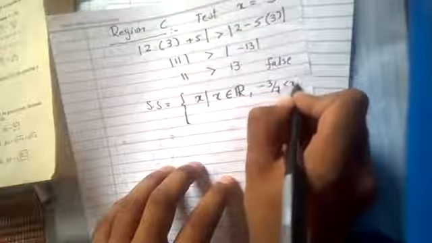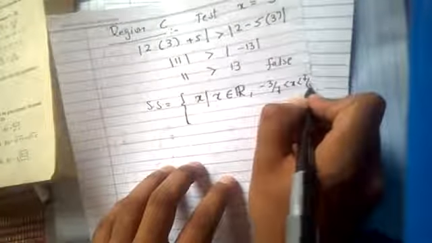Therefore we will write the solution as: solution set is all of the x where x are members of the real numbers, such that -3/7 is less than x, which is less than 7/3.